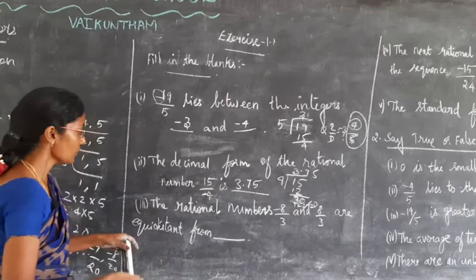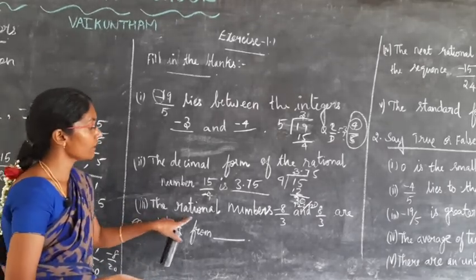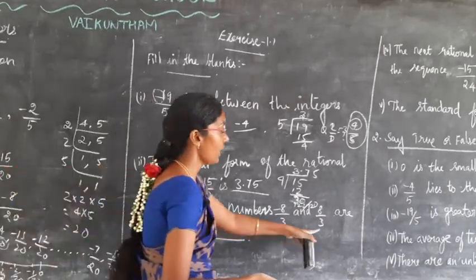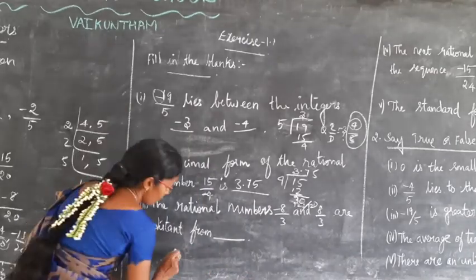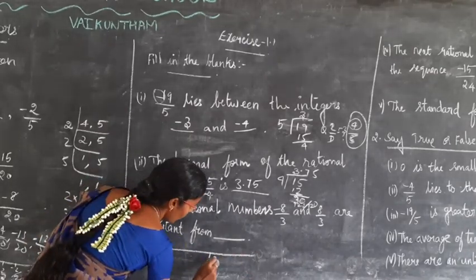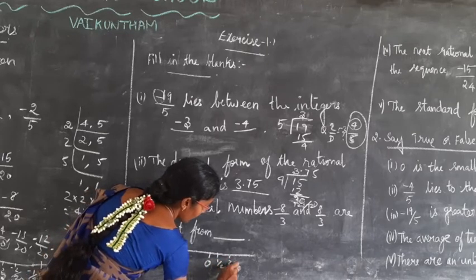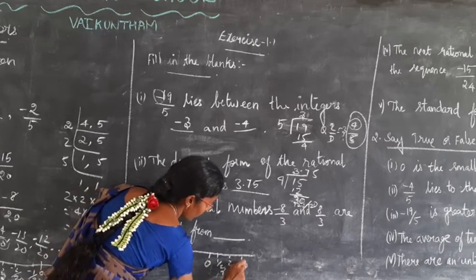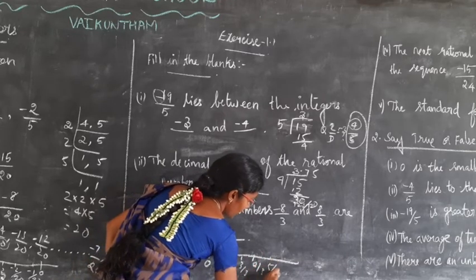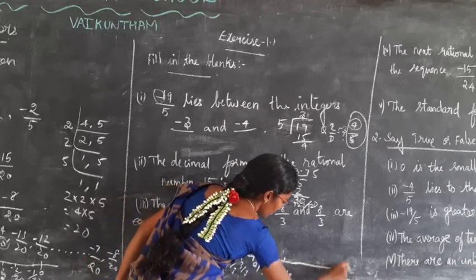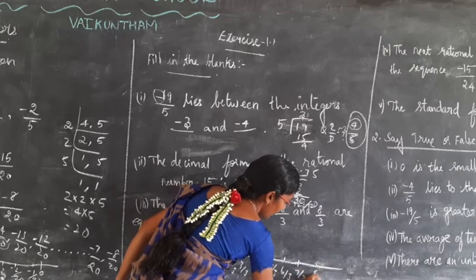Okay. So next one, the rational number between minus 8 by 3 and 8 by 3 are equidistant from. So see here, 0, 1 by 3, 2 by 3, 3 by 3, 4 by 3, 5 by 3, 6 by 3, 7 by 3, 8 by 3.